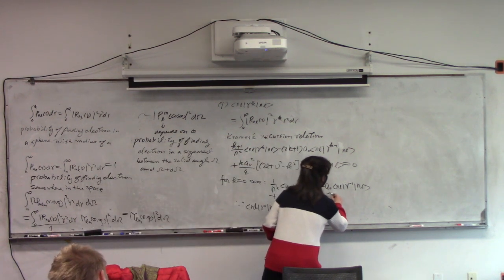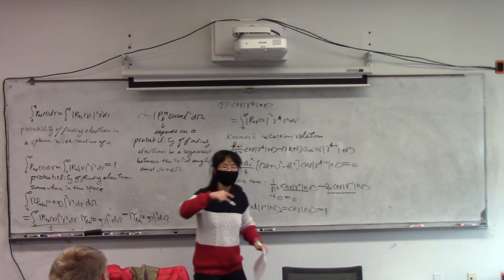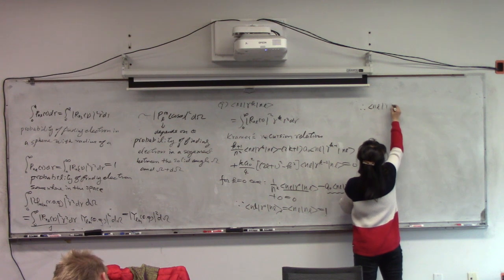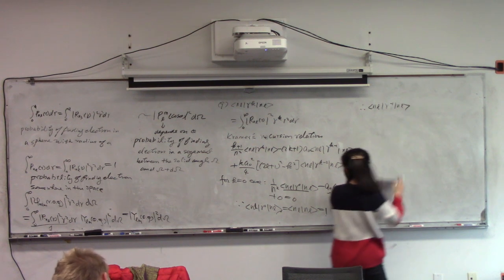So from here we can obtain the integral of 1 over r: ⟨nl|1/r|nl⟩.